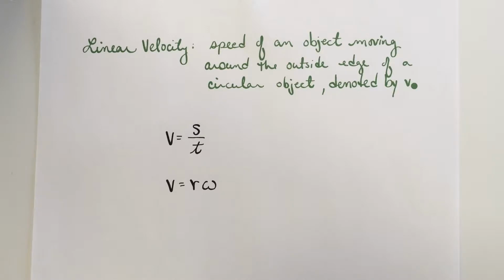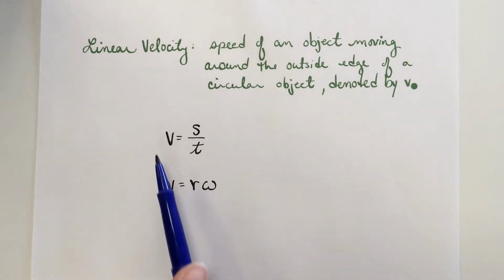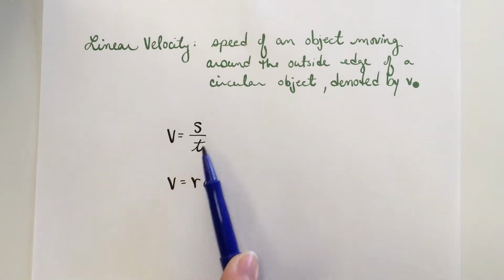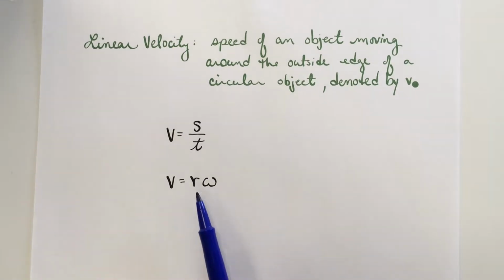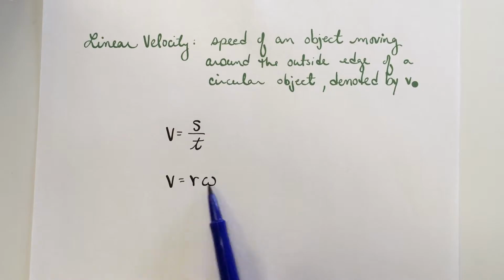They use a lowercase v to represent linear velocity, and there are two different formulas that can be used to find it. v is equal to s over t, where s is the length of the arc, same as in previous formulas, and t is time. The other is v equals r omega, where r is your radius and omega is your angular velocity. We'll be using each of these formulas at different times.